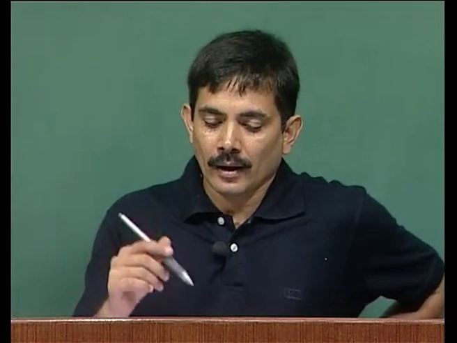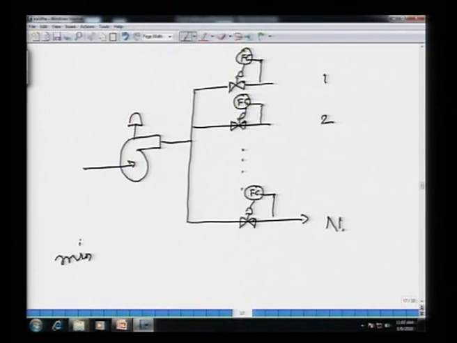Okay. This pump, since it is a big pump, consumes a lot of electricity, and electricity is expensive. So, what I would like to do is, while meeting the demand of all the processes, minimize the RPM at which this pump is rotating.